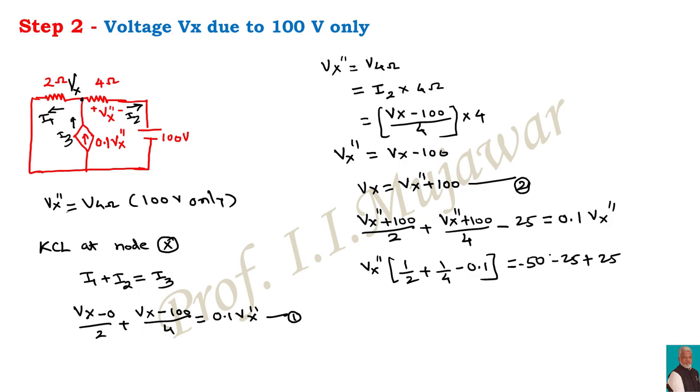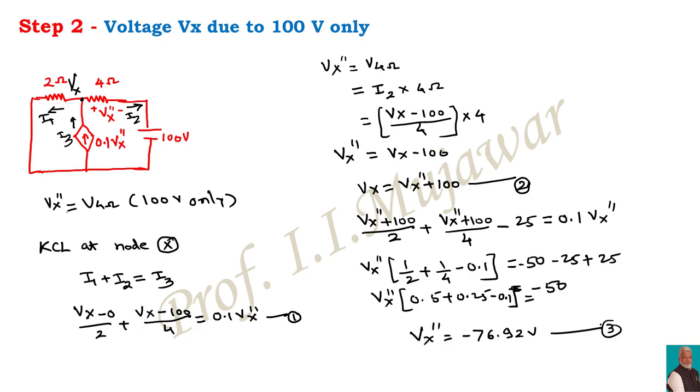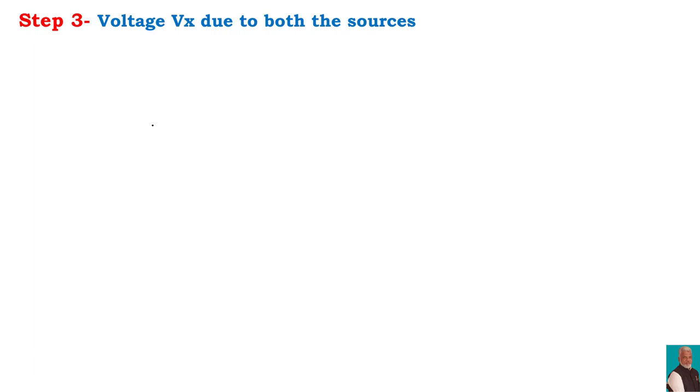I will transfer this minus 25 to this side, so that becomes minus 50. That means the left side term is Vx double dash times (0.5 plus 0.25 minus 0.1) equal to minus 50. If you solve for Vx double dash, what we have calculated is the voltage drop across 4 ohm when the 100 volt battery is present.